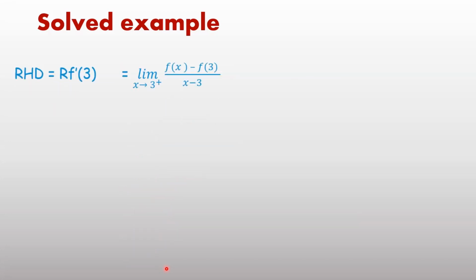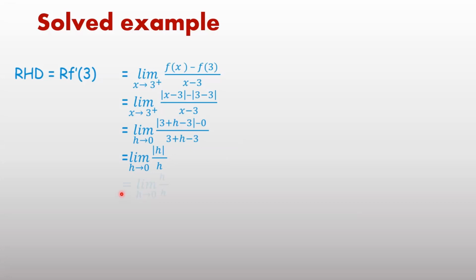Now calculate the right hand derivative. Same process: limit x tends to 3 plus, f(x) minus f(3) upon x minus 3. The value of f(x) is mod of x minus 3, minus f(3), which means mod of 3 minus 3. In place of x write down 3 plus h, because we are going to calculate the right hand limit, where h tends to 0.